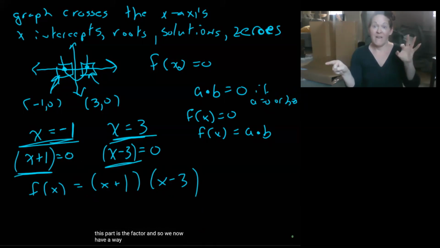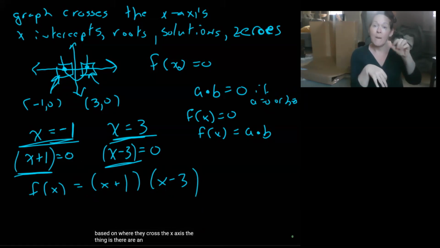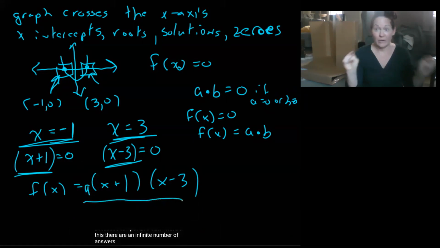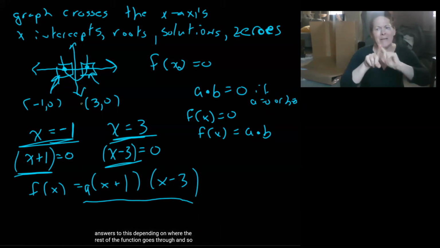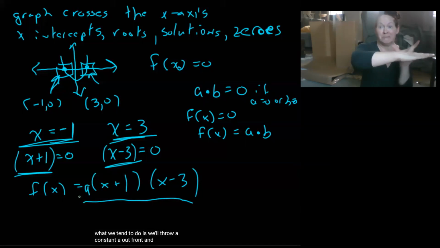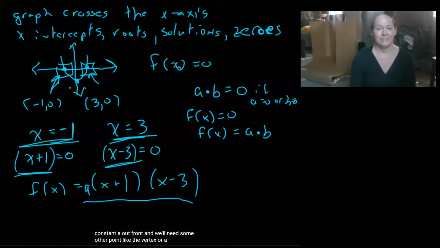And so we now have a way of describing our polynomials based on where they cross the x-axis. The thing is, there are an infinite number, because I can put an a out in front of this, there are an infinite number of answers to this, depending on where the rest of the function goes through. And so what we tend to do is we'll throw a constant a out front, and we'll need some other point, like the vertex or a piece of data up here that we solve for a.